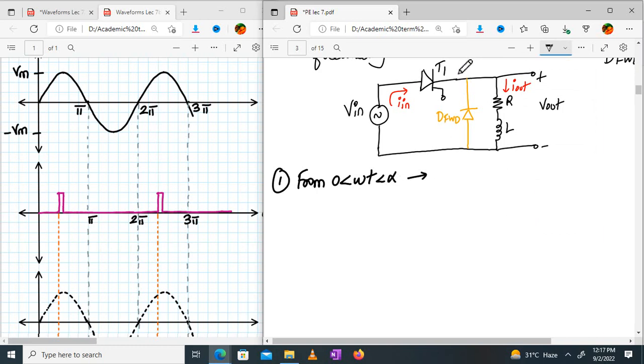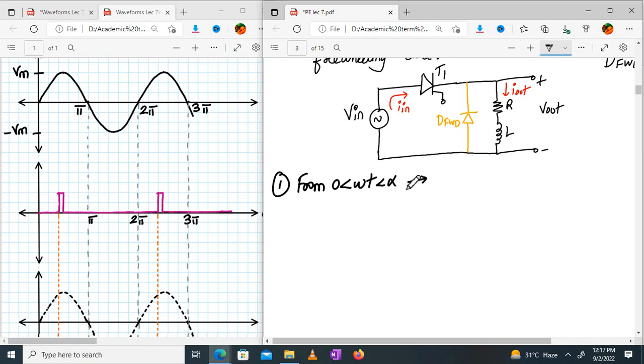Is my SCR on? SCR is in which state? SCR is in forward blocking mode.